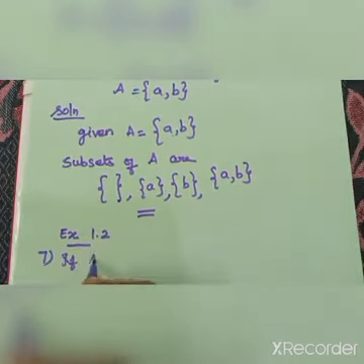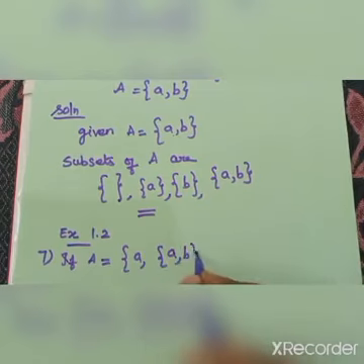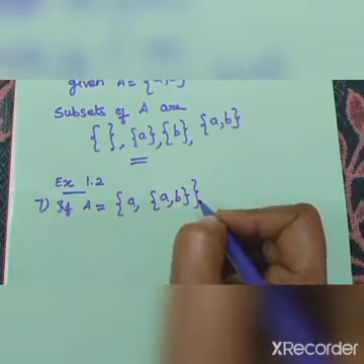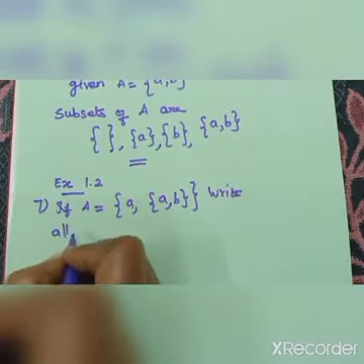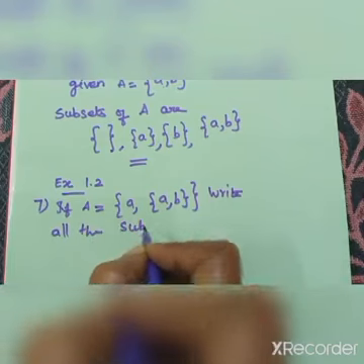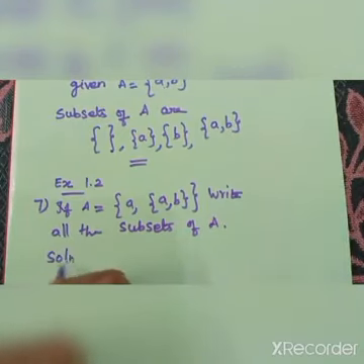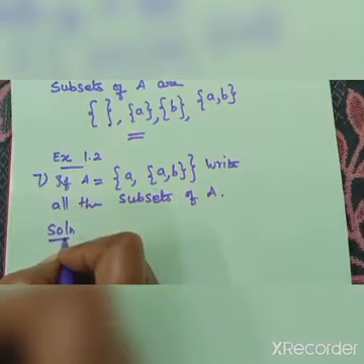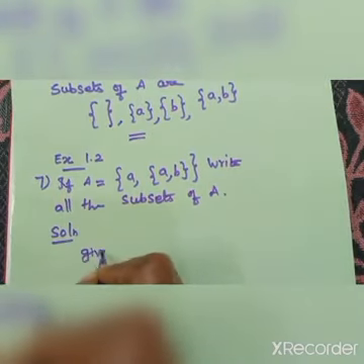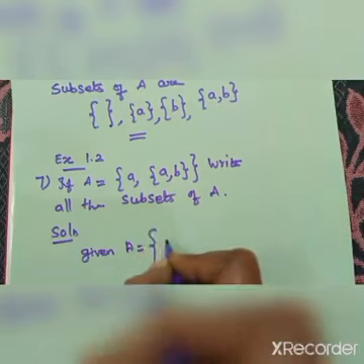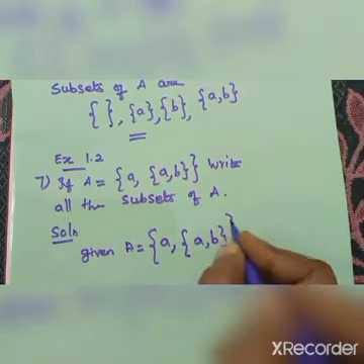If A is equal to {a, b}, write all the subsets of A. Here, given A is equal to the set {a, b}. Then close the bracket.